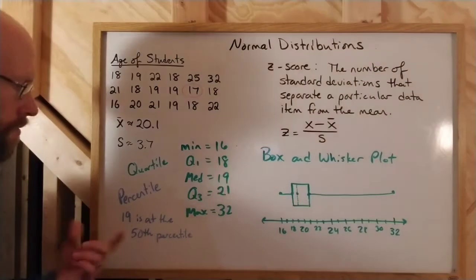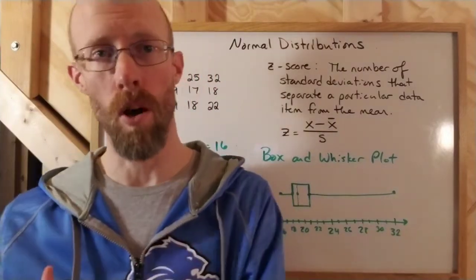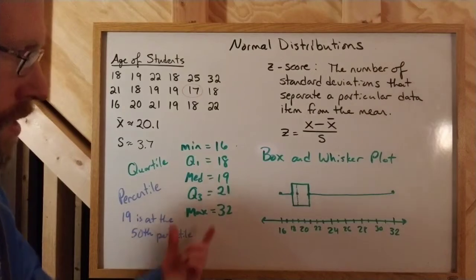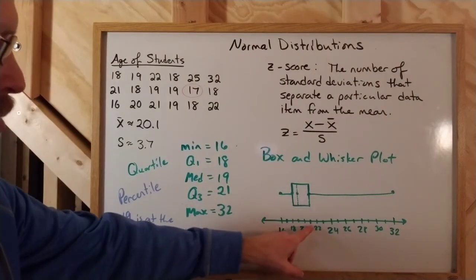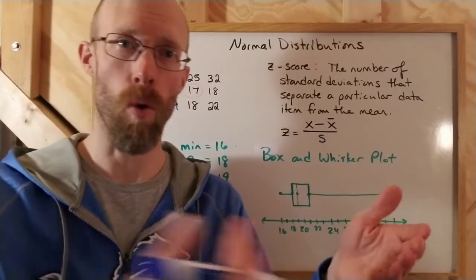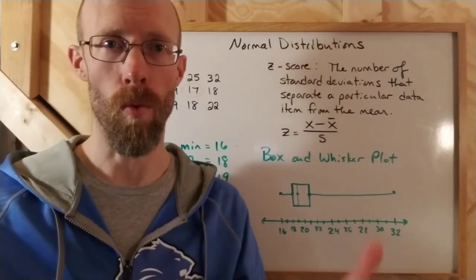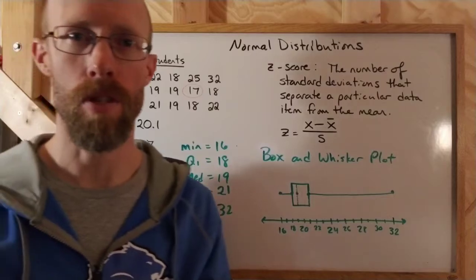What that means is that 50% of all the other data items fall below that number. And the number 21 is at the 75th percentile, because 3/4 of the data items fall below that number 21. And actually every number on here has a percentile.